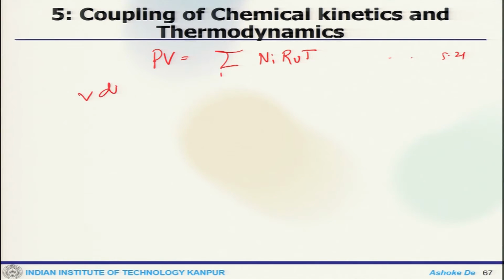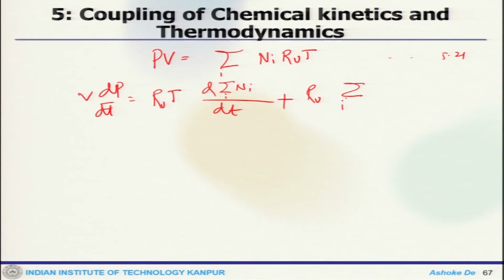and we get dP by dt, RT d summation over I by dt, and P is all the species RUT.